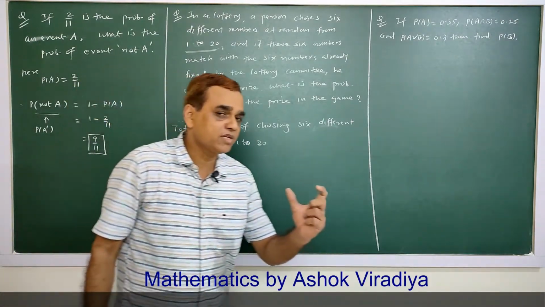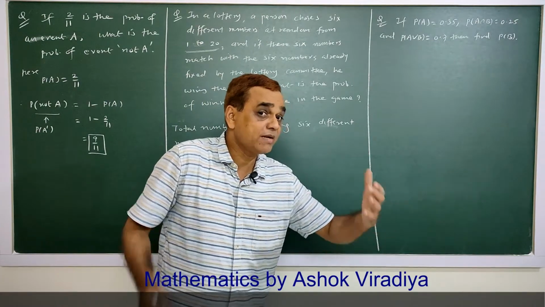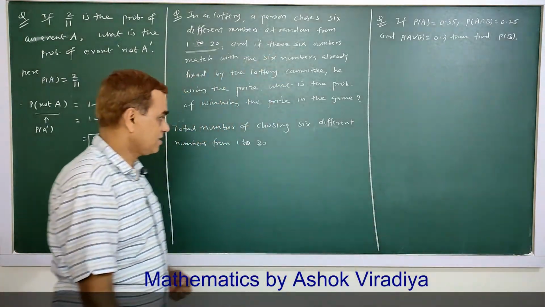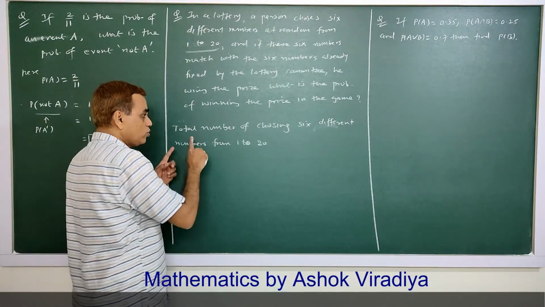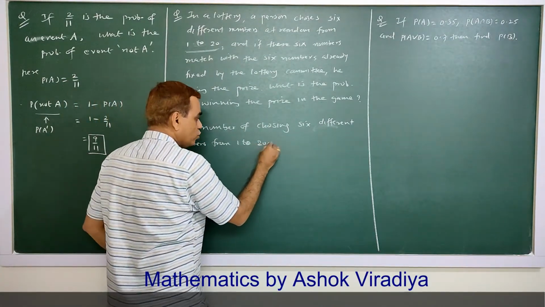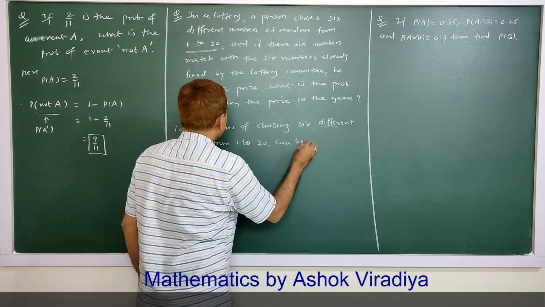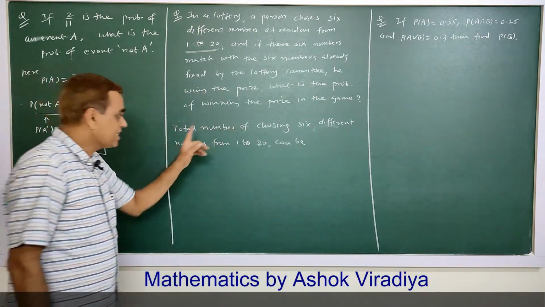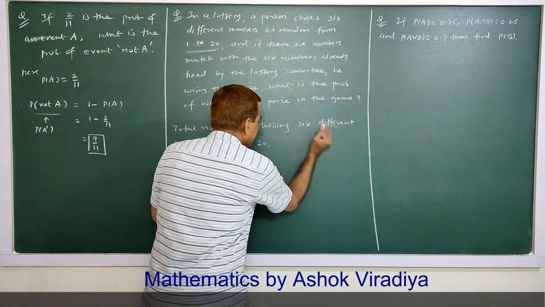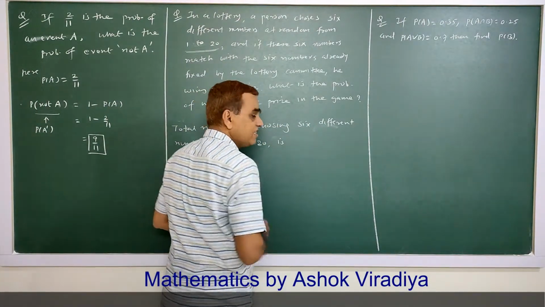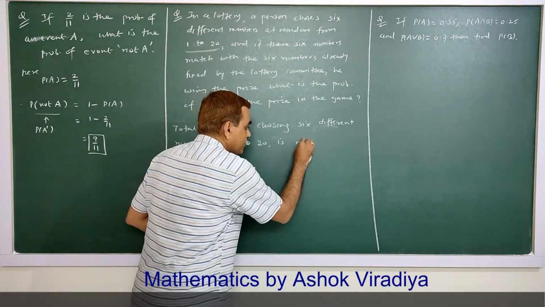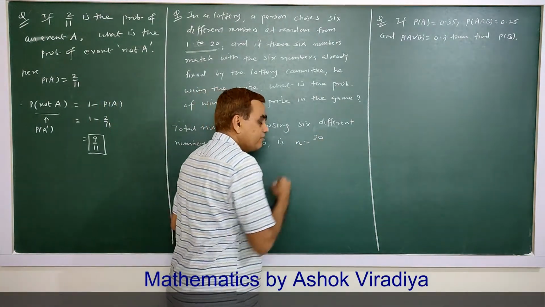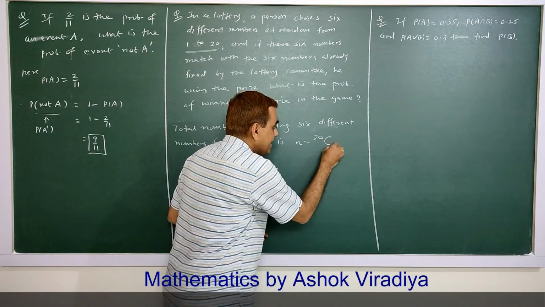From these 20 numbers, any 6 different numbers can be chosen by 20C6 ways. So we say the total number of such selections n is equal to: there are 20 numbers, select any 6.